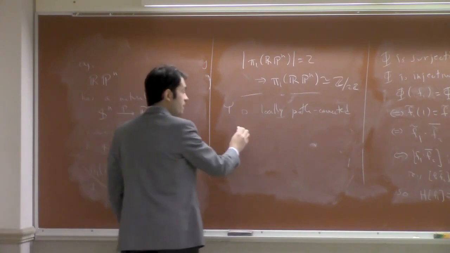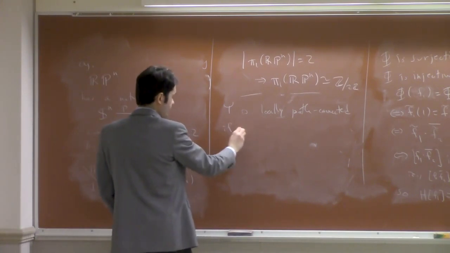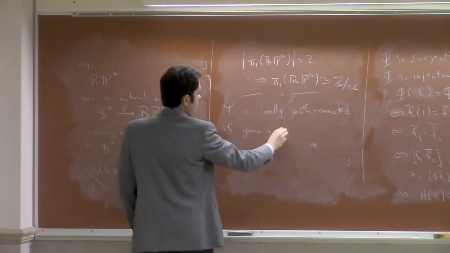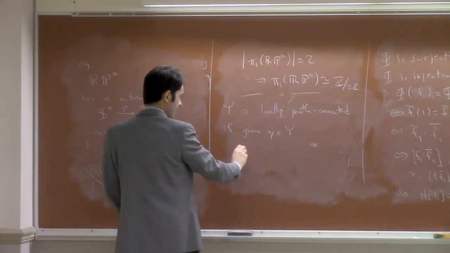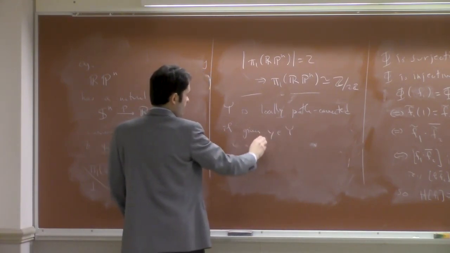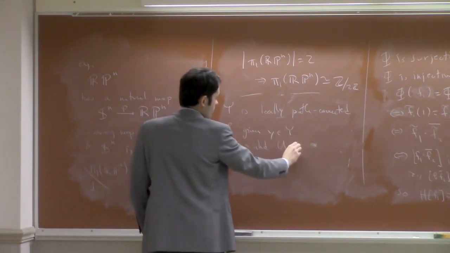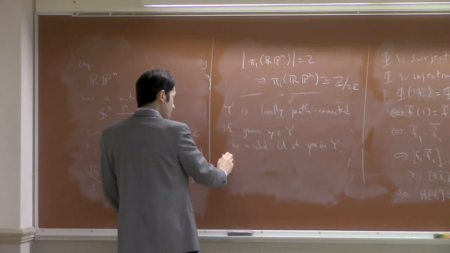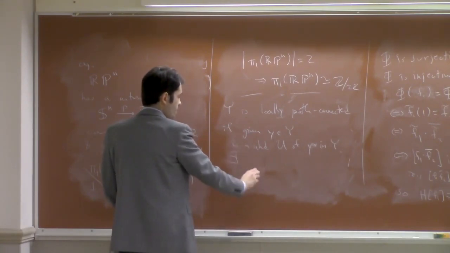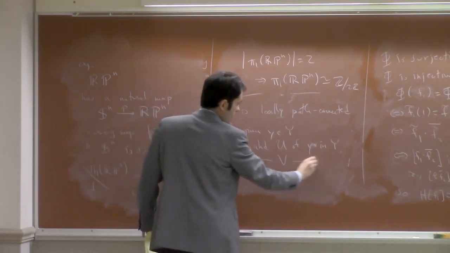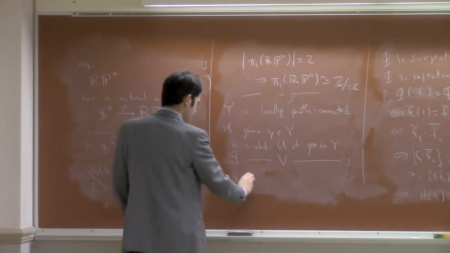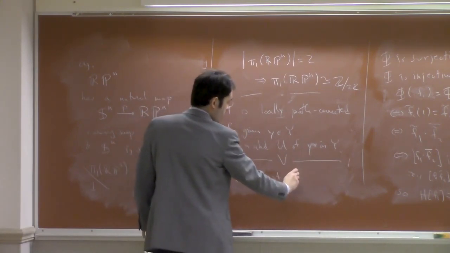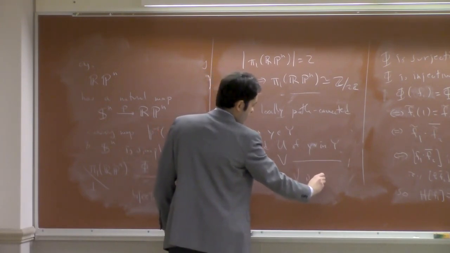So in this case, that means given any point y in Y and a neighborhood U, there exists a neighborhood V of y in Y, V inside U, such that V is path connected.